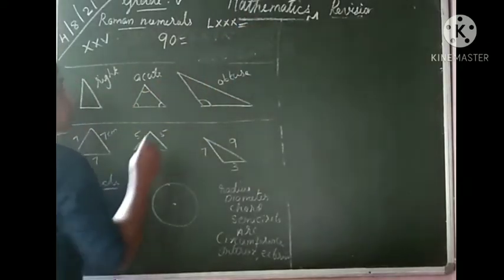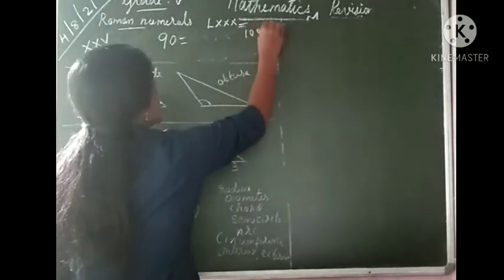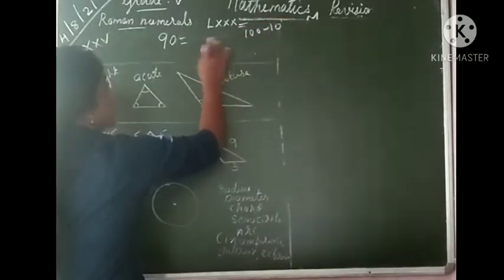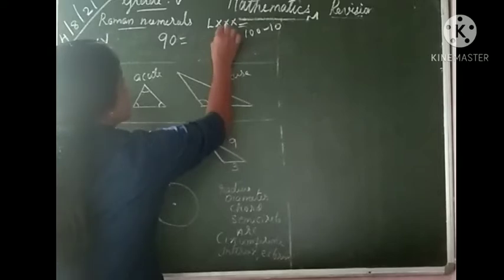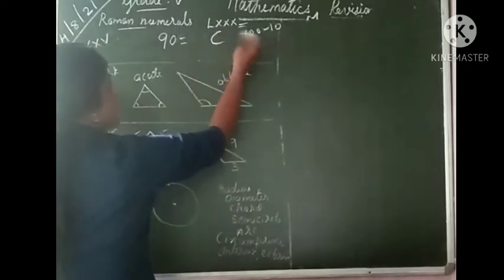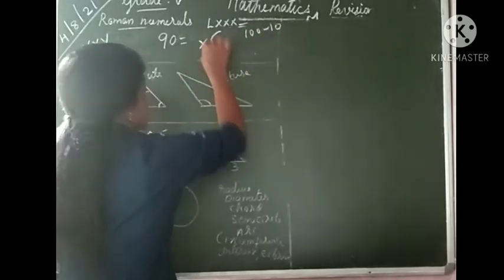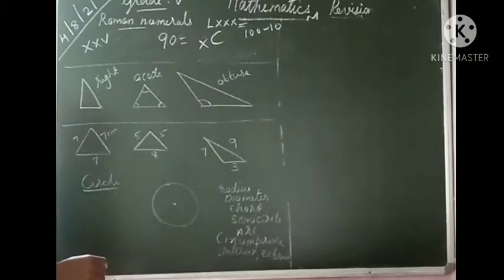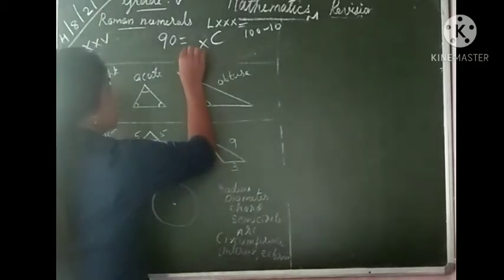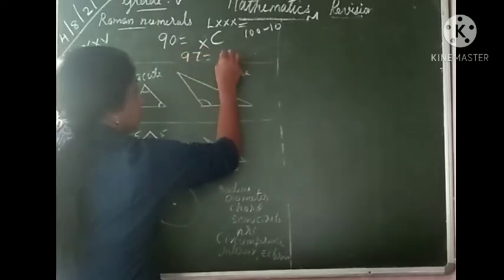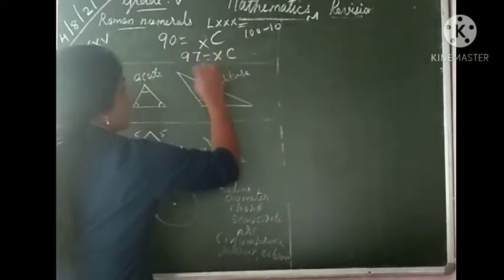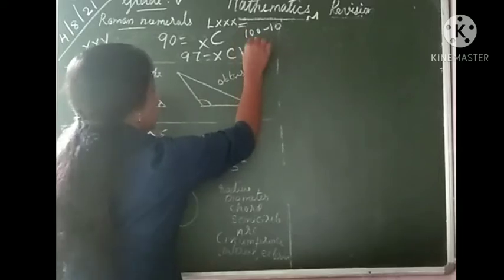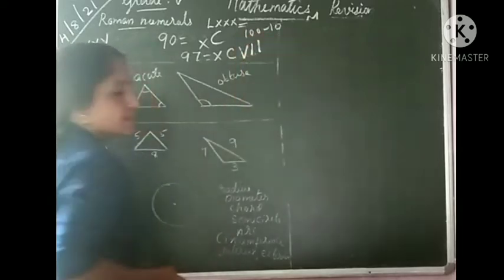Therefore we can use another method: 100 minus 10. What is 100? C. And 10 means X. Minus means back side. Therefore XC is 90. 97: we know XC, 90, 95, 96, 97.